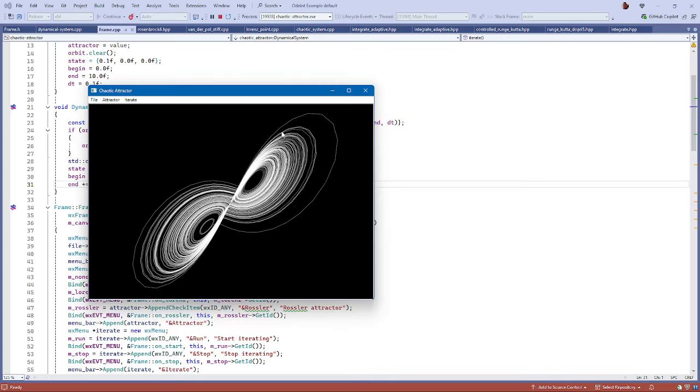Now you can see here, this is the downside of using fixed size steps. This is not too tight of a turn, but it's tight enough that as I took these fixed steps in time, you can see the polygonal approximation to the underlying curve.